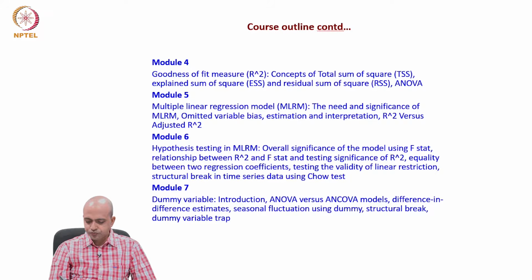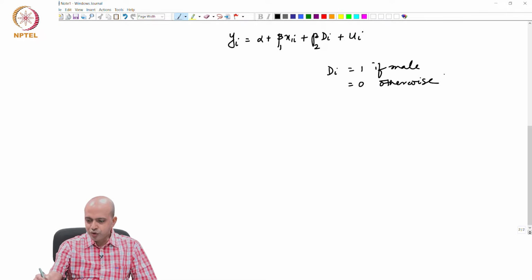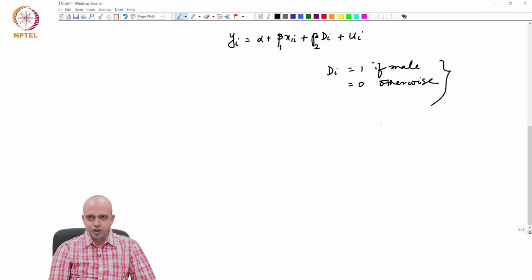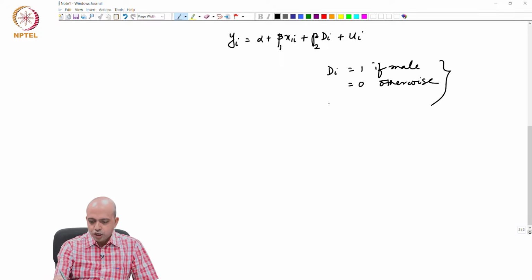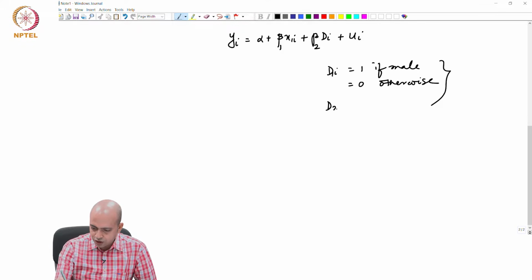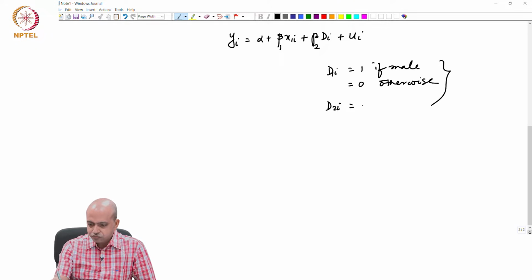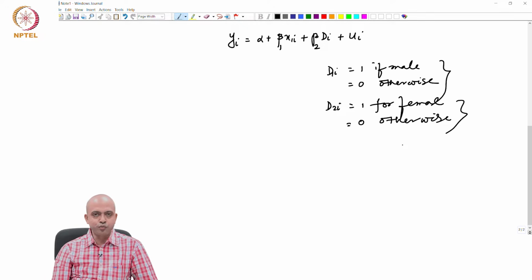For example, here when the number of categories is 2, male and female, I have assigned only one dummy. If you include dummies like this, let us say D1i and D2i equal to 1 for female and 0 otherwise, that means I have 2 categories and I have introduced 2 dummies, and you will end up with a problem which is called the dummy variable trap.